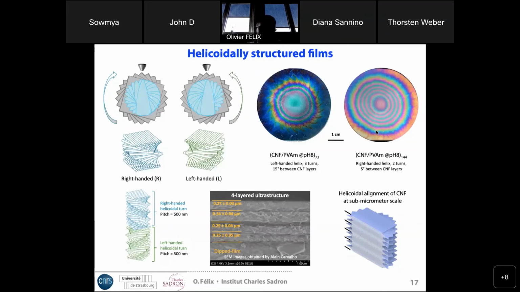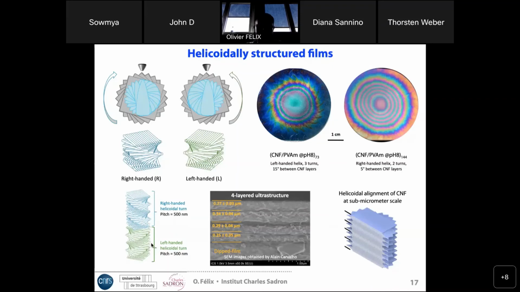That means we use a trick. We just build, on a randomly organized film, 2 helices of 500 nanometers each, but one left and one right. And then you can measure it by cross-sectional SEM, and you will see 4 sub-layers of approximately, I would say, 250 nanometers, which correspond to each half helix that is shown on the left.